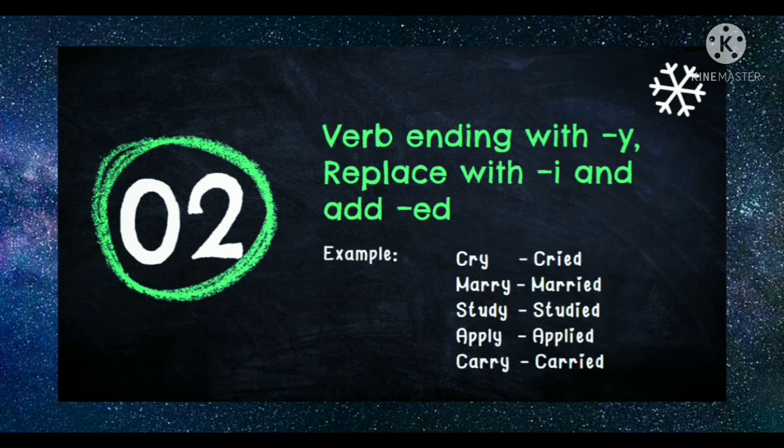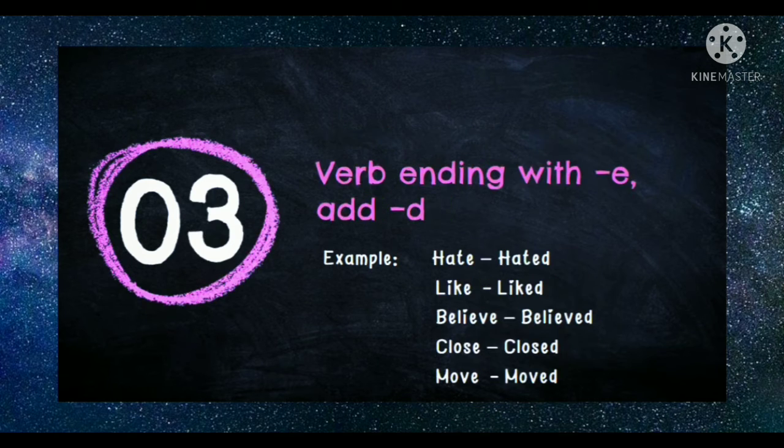So we replace the consonant Y with I and add ED at the back to make it past tense. For example, cry, cried, marry, married, study, studied, apply, applied, carry, carried. That's all for group 2.